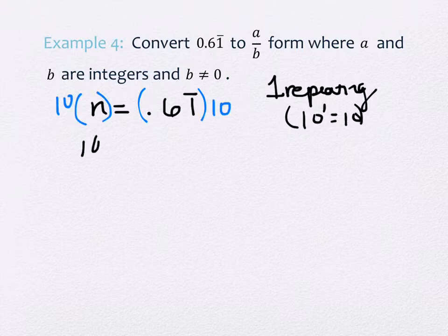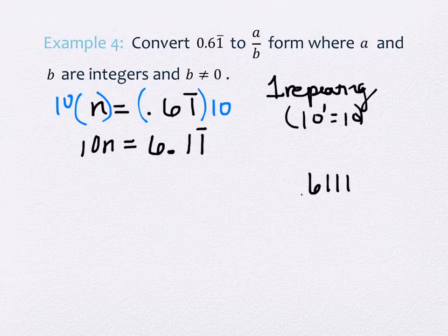On the left, of course, this becomes 10n. On the right, you'll notice the only thing that moves in front of the decimal place is the 6. And while I could write 6 point and put the 1 repeating there, it's not exceptionally helpful to do that because I'm going to be comparing it to a 1 in the hundredths place in a moment. So for the sake of what I'm going to do, I'm going to write the 1 repeating where it is. Remember, this really is just the same as this value, right?